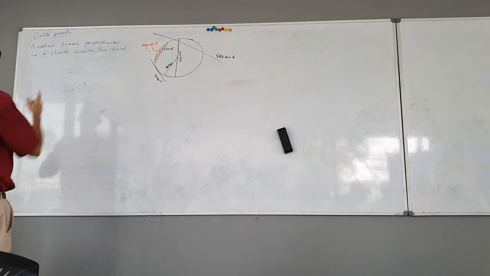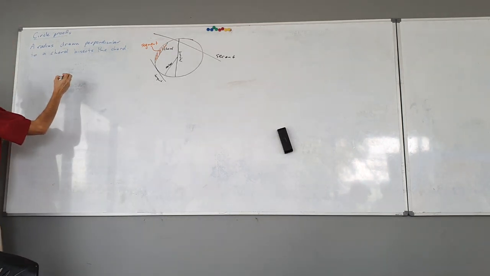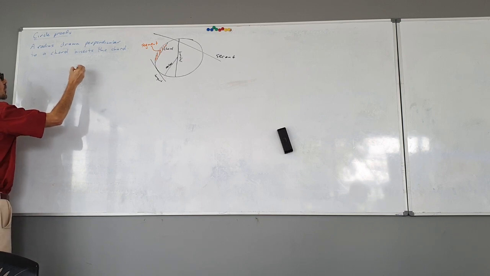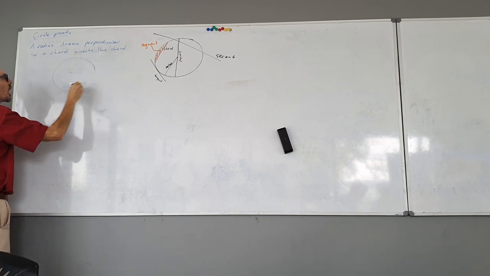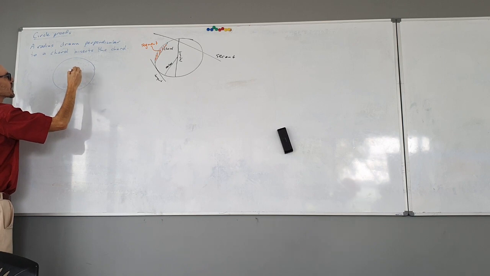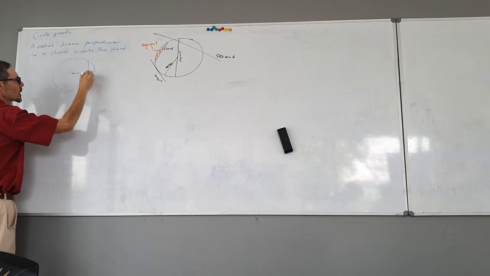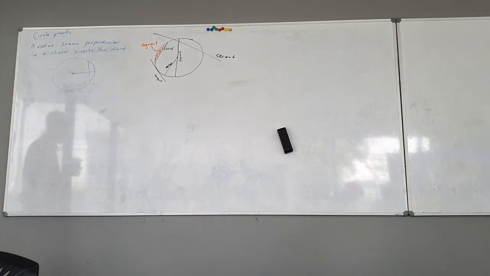So I want to prove that a radius perpendicular to a chord bisects the chord. A radius perpendicular to a chord bisects the chord.